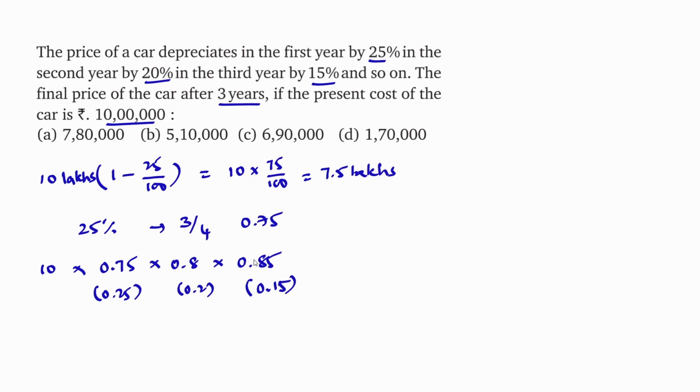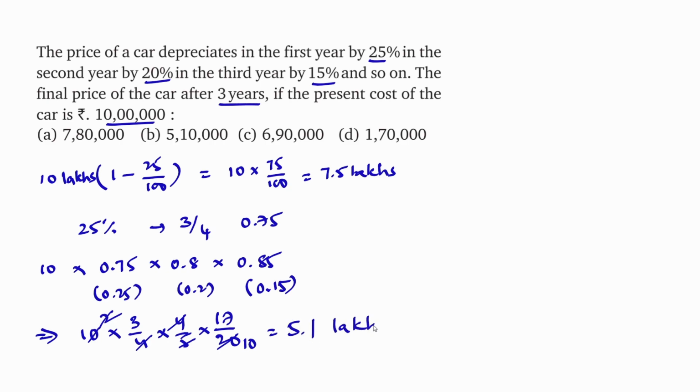We can either use the decimal forms or the equivalent fractional forms: 3 by 4, 4 by 5, and 17 by 20. So this is 5 times 2, 10, and 3 times 17, that's 51 by 10, that's 5.1 lakhs.